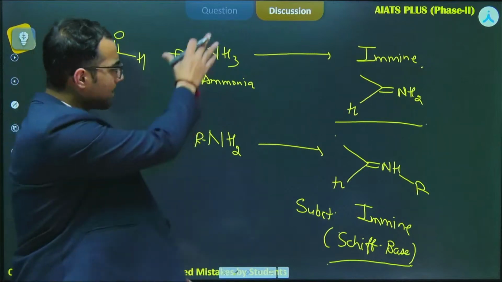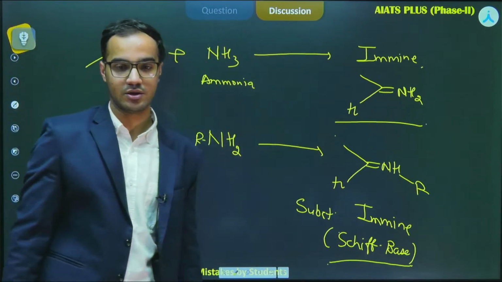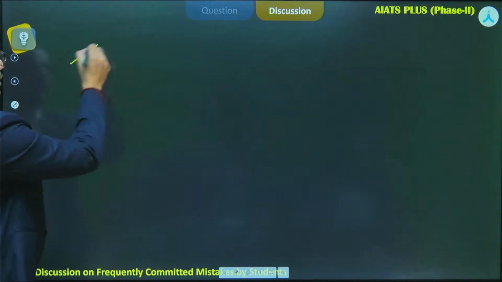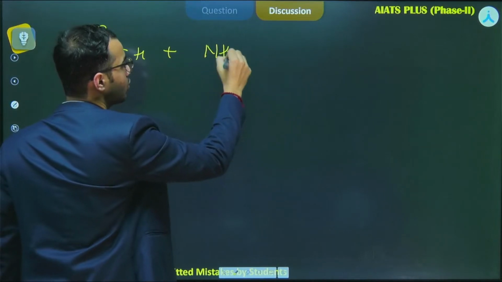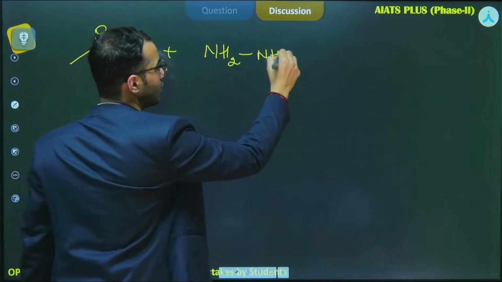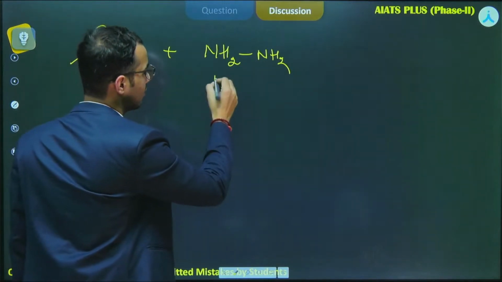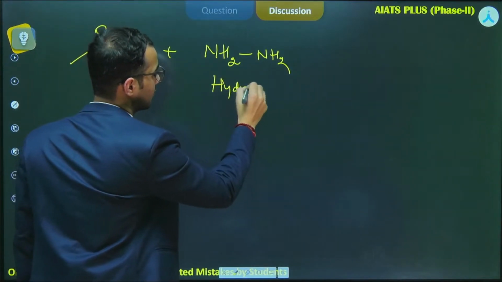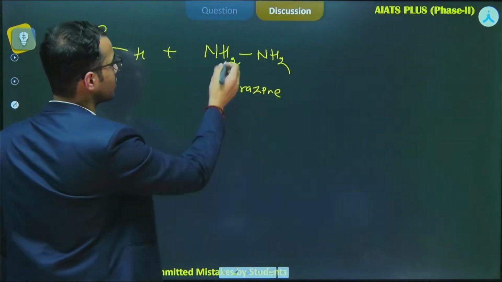Let us move to some more reagents which are reacting with it and you will be getting the products. Okay, let us say you are reacting again with NH2NH2. It means it is a hydrazine. So how can we proceed with the reaction?